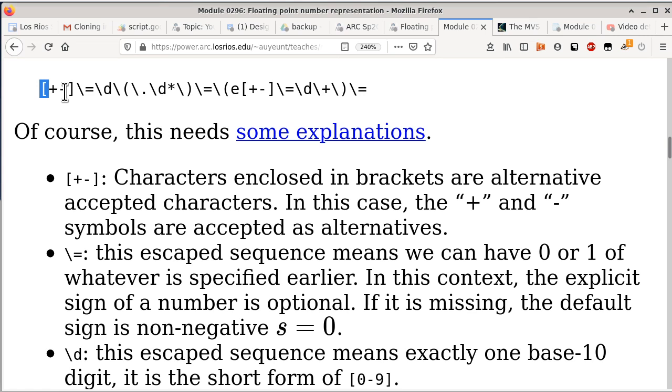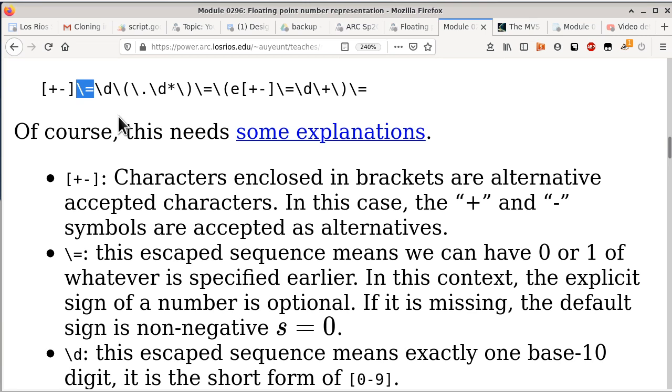The square brackets without any backslash in front enclose alternatives. So in this case, plus and minus are alternatives, but not only are they alternatives, they are also optional. The optional part is specified by backslash equal to. So backslash equal to basically says whatever is immediately before me can occur 0 or 1 time.